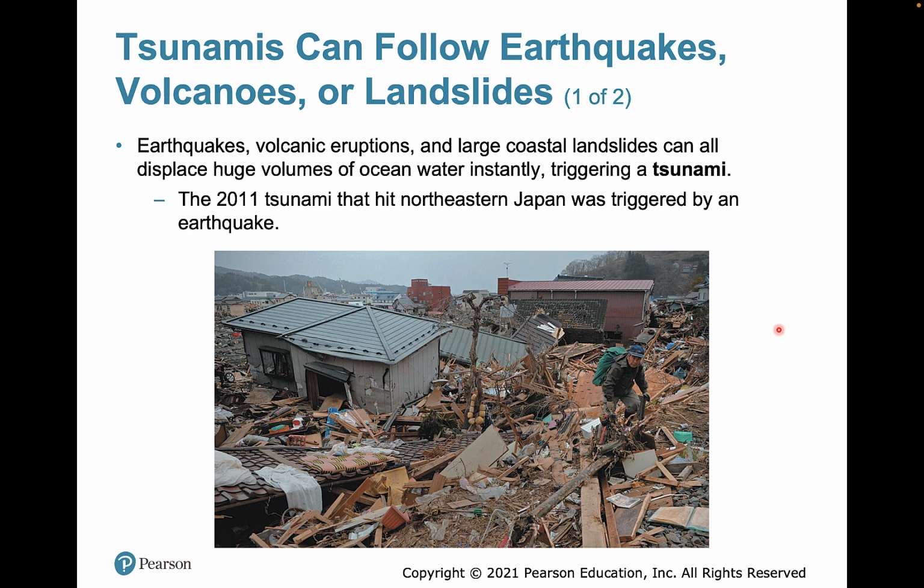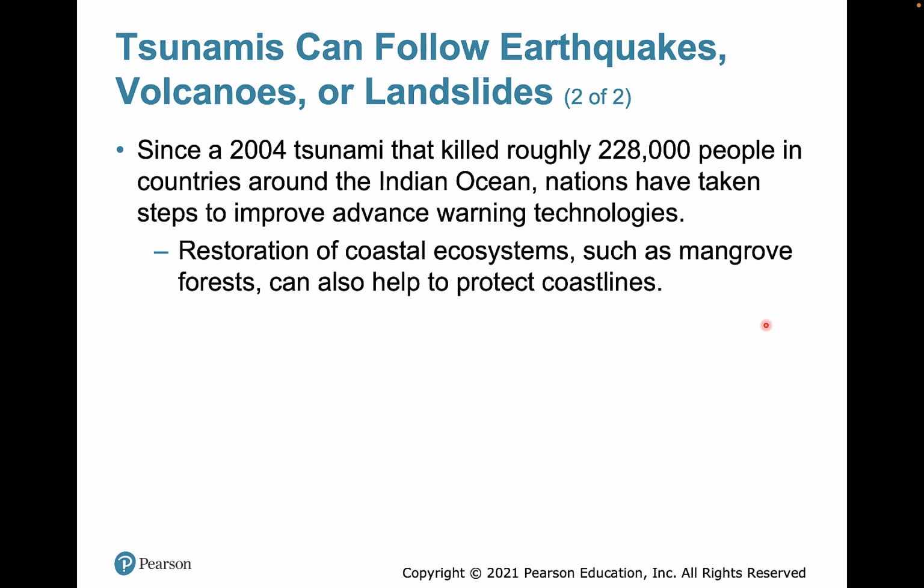So the one in Japan was triggered by a really big earthquake, and that's some of the damage as a result. There was one in Indonesia in 2004 that killed over 225,000 people. And it killed so many people because they didn't have a warning system. Now the Indian Ocean has a warning system.